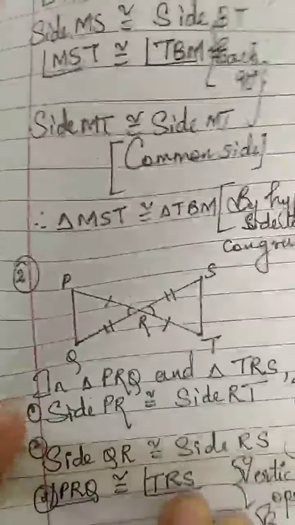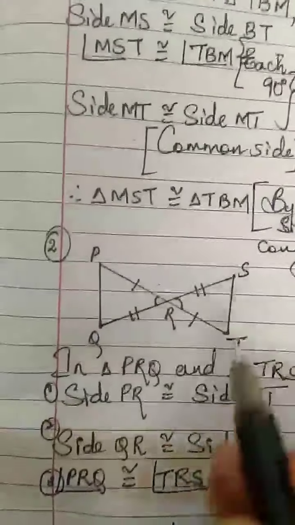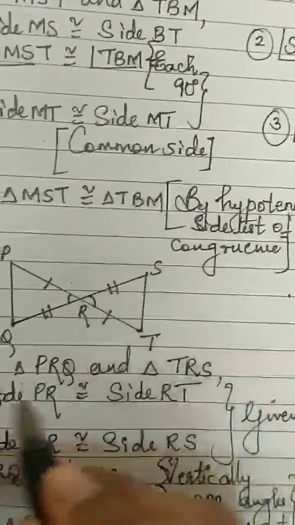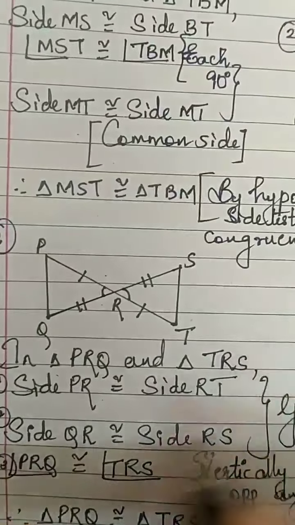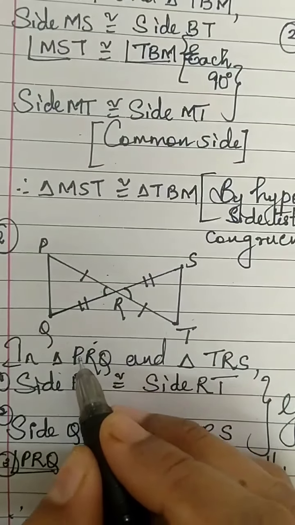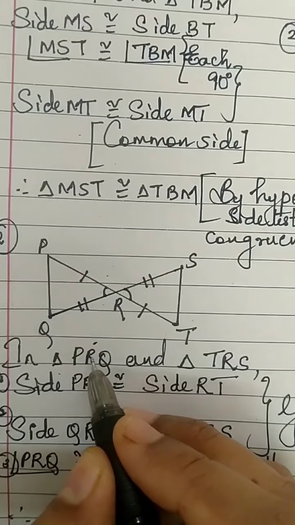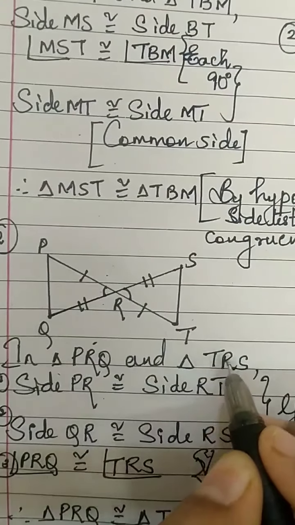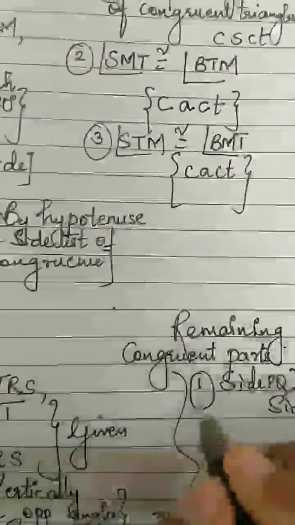Then next, one angle only taken, now two more angles. As I told you, look at the name of this triangle and decide. R came in the center, so R, no need. Now we have to write P in the center. So name the angle as RPQ. Angle RPQ congruent to angle RTS.